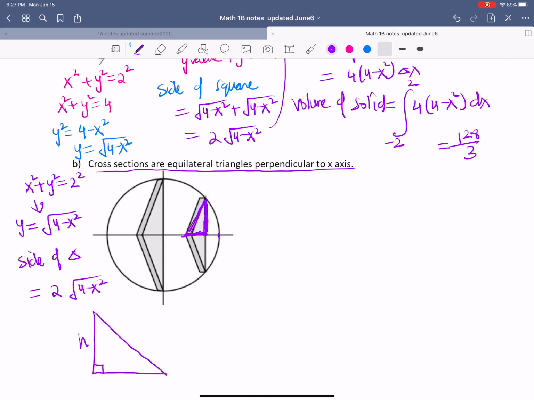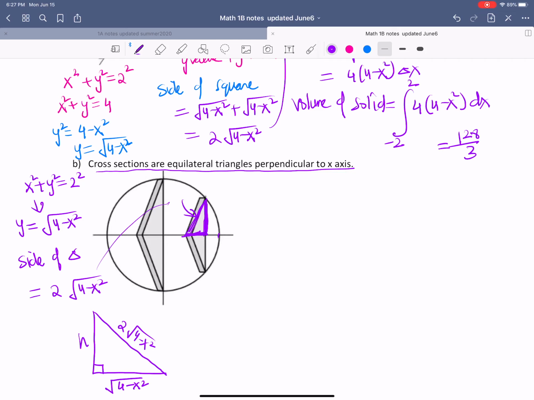I know the y value on the bottom is the square root of 4 minus x squared, and the side over here, a side of the equilateral triangle, would be 2 times the square root of 4 minus x squared.